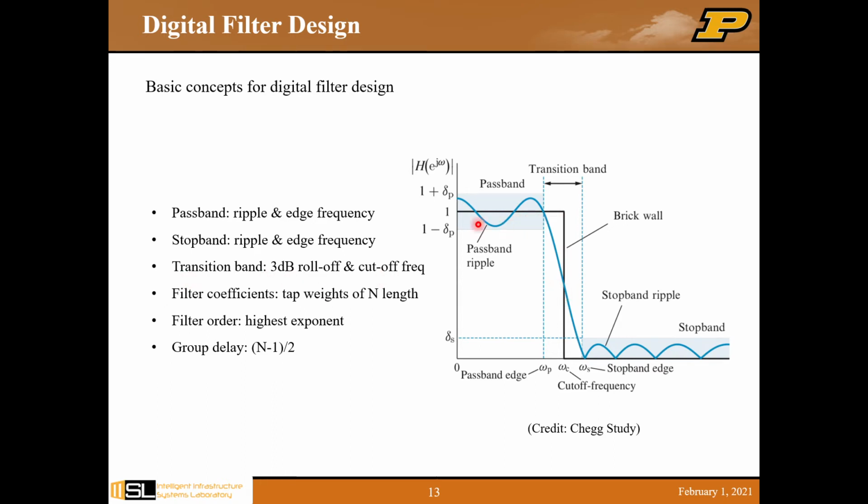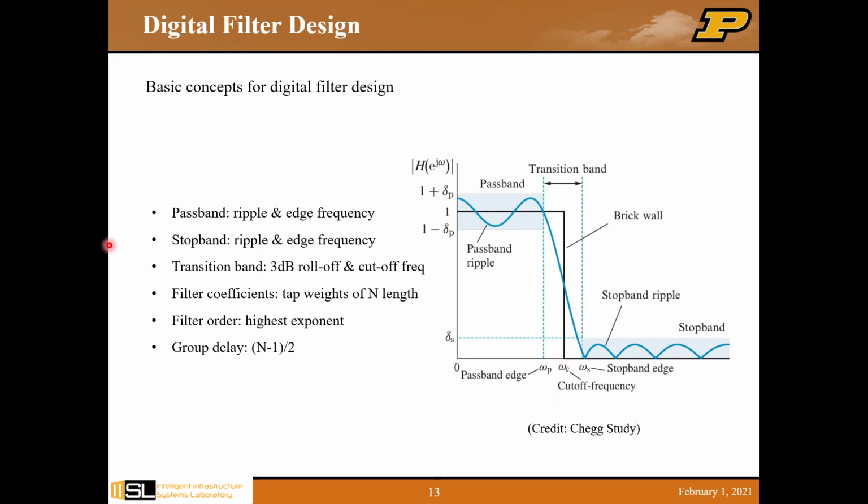We check the magnitude: if it is 1 minus 3 dB here, that means the power of the signal is reduced by half. That corresponding frequency is called the cutoff frequency.